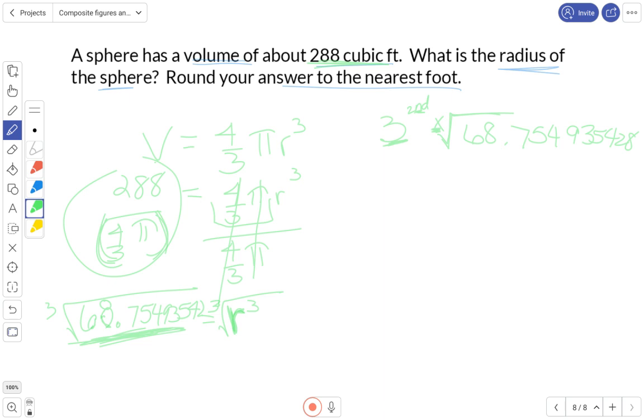I'm just typing it in here real quick. Sorry about that. Okay. And your answer, rounded to the nearest foot, will be 4 feet.